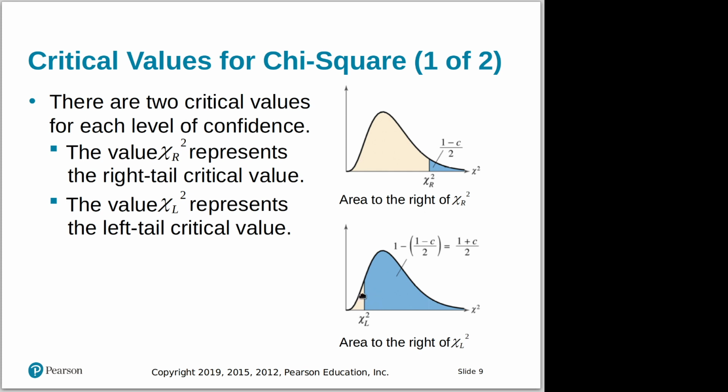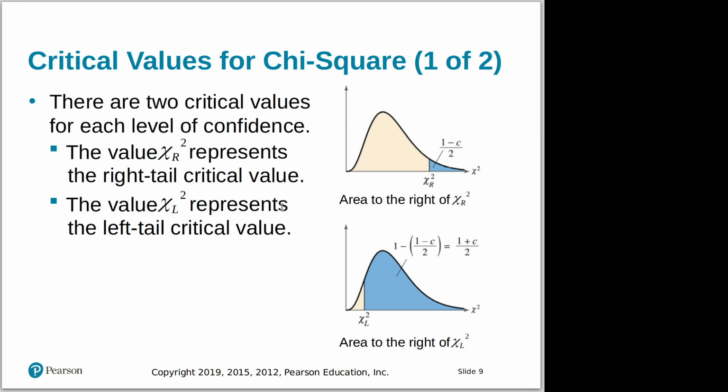And then to find the left side, we actually calculate the area of this whole thing and subtract 1 from it, because we want the complement, the gray part. That'll give us the area for the left chi-squared, which is 1 minus the critical value over 2. And that will give us the 2 critical values, the left critical value and the right critical value.